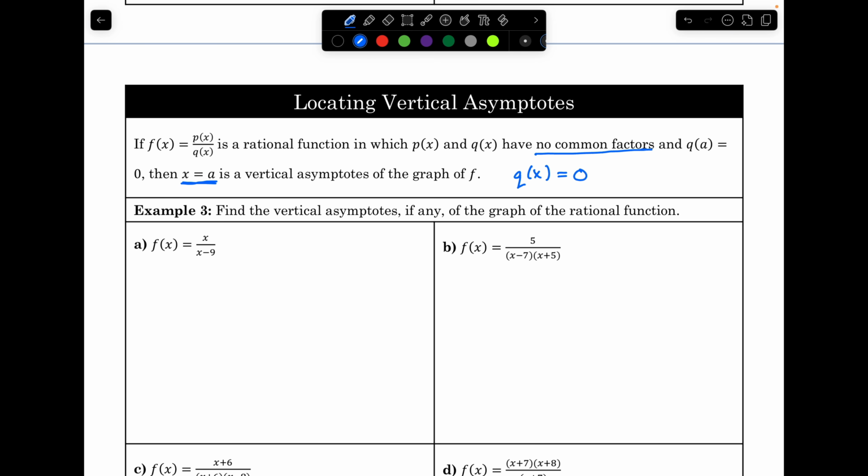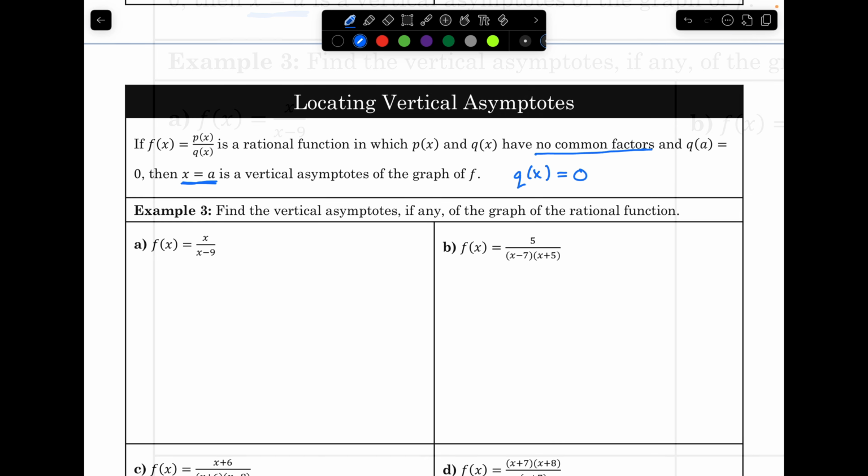But this is the reason why these numbers get excluded, at least graphically, from the domain, because in some of these places that make the denominator equal to 0, the bottom part of the fraction, there exist, again, these vertical asymptotes. So let's look at some examples of how we identify the vertical asymptotes, again, assuming that they have no common factors.